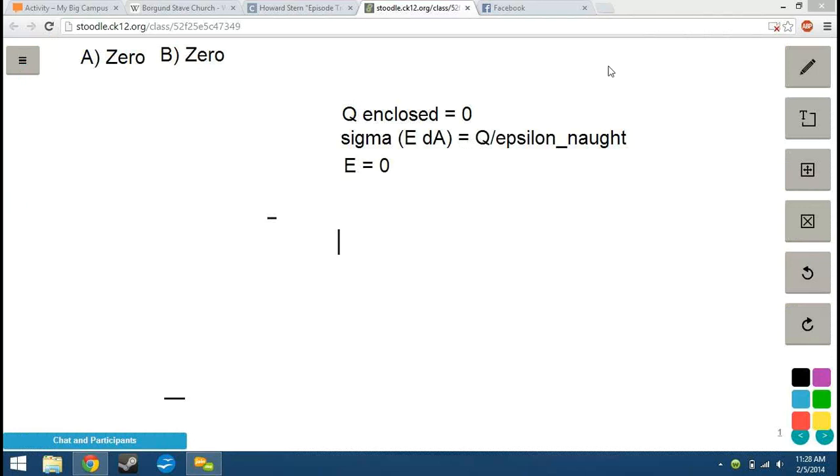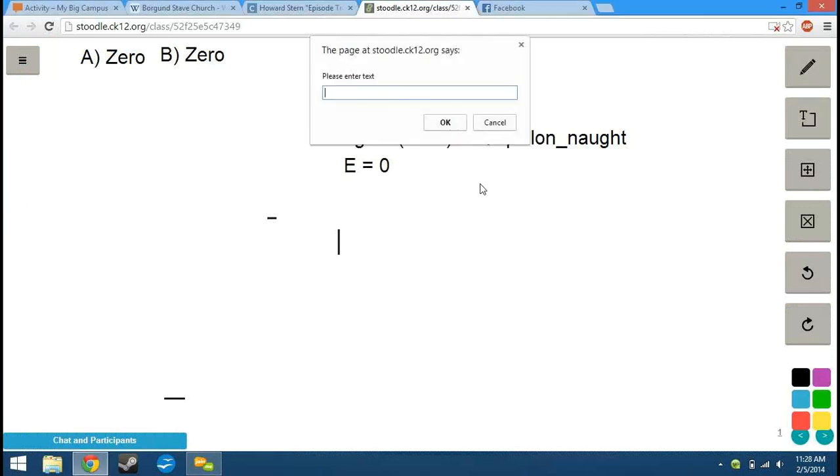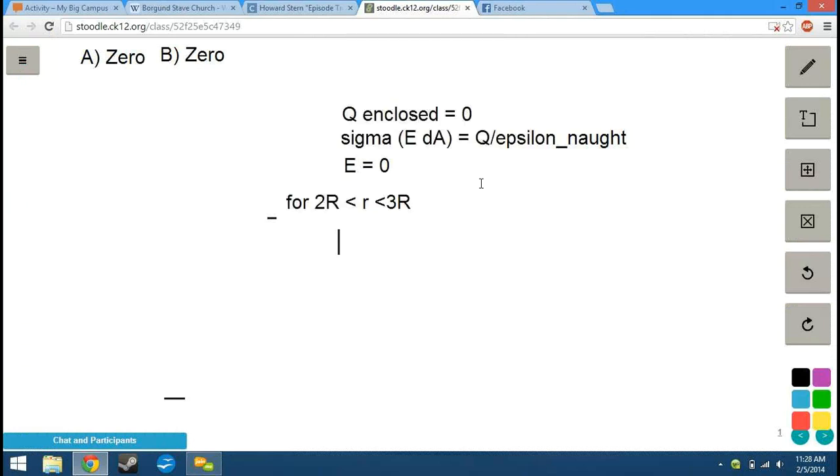For this part, we're looking between 3R and 2R. And the idea here was that the charge enclosed, okay, the charge enclosed, you guys are saying 0. And why is it that you're feeling that the charge enclosed is 0? Because there was no net charge on the insulating sphere outside of it.